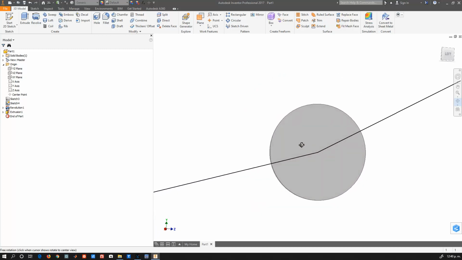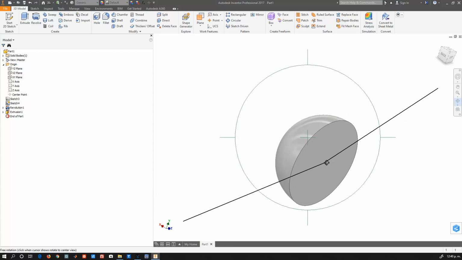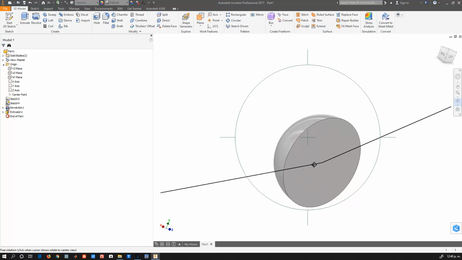So for any two lines that cut the sphere from the center, you always are going to have the same circle face. And because the diameter is always the same, the perimeter is always the same.